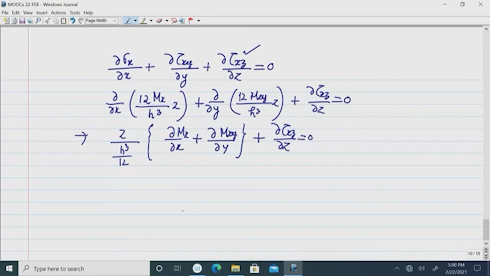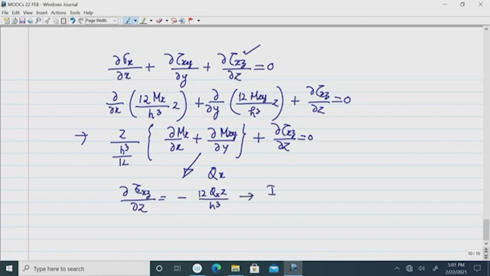Now, recall the equilibrium equation; that is nothing but our q x. If you recall this, this is equal to q x. So, I can write del tau xz by del z equal to minus 12 q x into z by h cube.